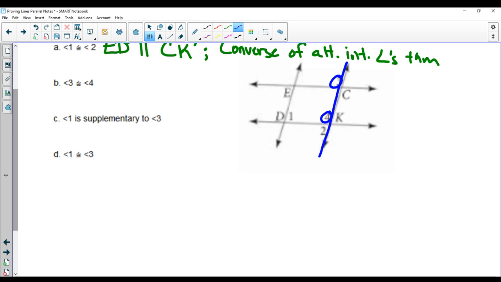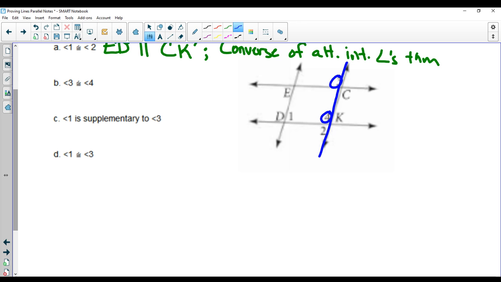And what kind of relationship would those two have? It looks to me like we're talking about a corresponding angles situation because angle 3 is in the top left of this upper neighborhood. Angle 4 is in the top left of this lower neighborhood. So it looks like we've got corresponding angles. Let's keep that on our minds.